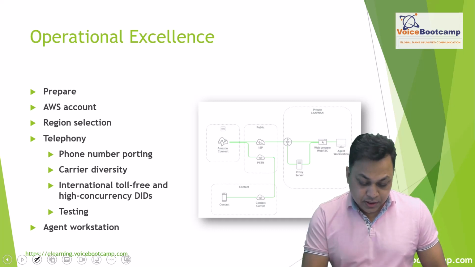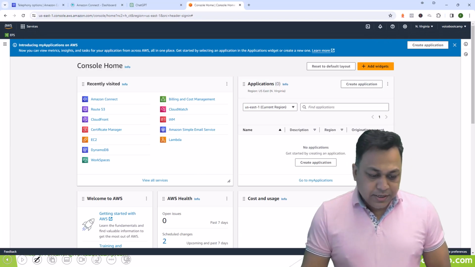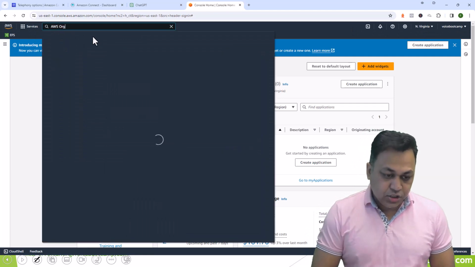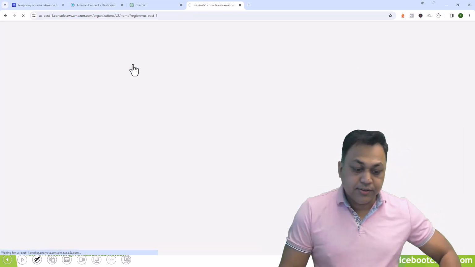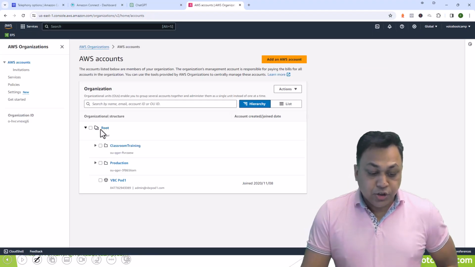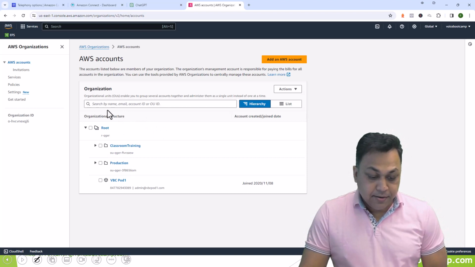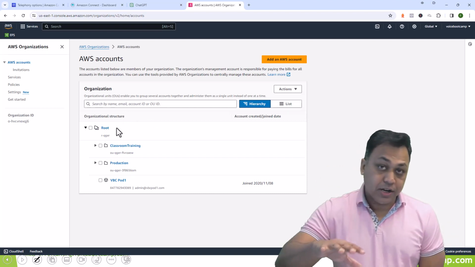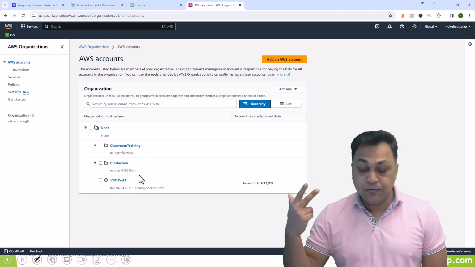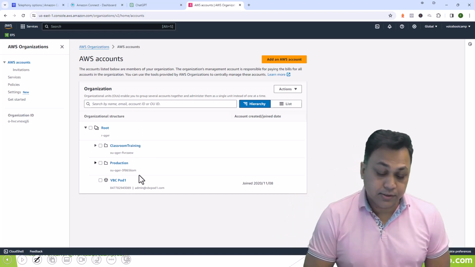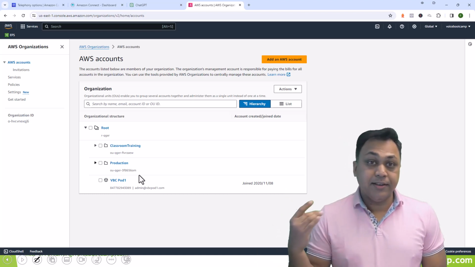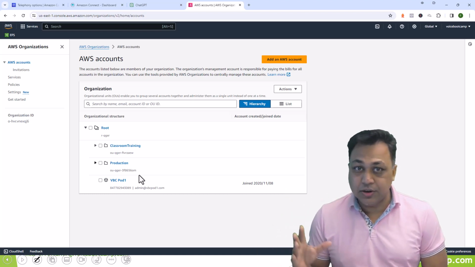Now, to show you an example, right now I'm on my AWS account, and when I go to AWS Organizations, you can see I have multiple accounts under my master account. I have root, which is the current account that I'm logged into. Under that, I have three separate accounts, one for production and one for classroom training, for example. Anytime I'm teaching a class, I use an account that is designated for any sort of training.